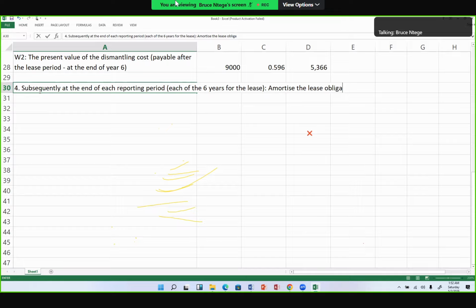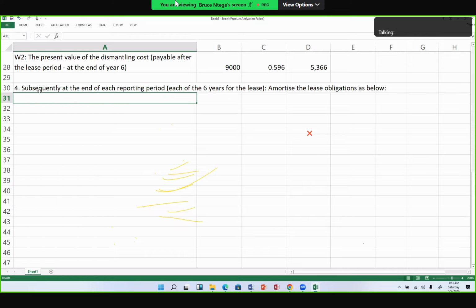They didn't ask for all the 6 years, they only asked for 1 year, but I'm going to do all the 6 years as below. So we're going to amortize these obligations.